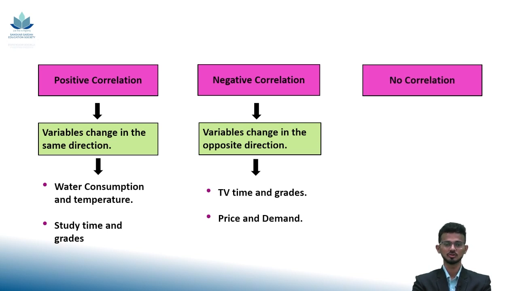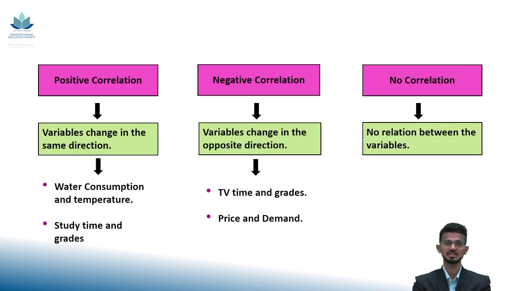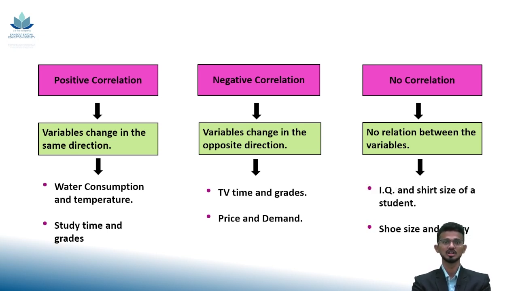Last one, no correlation. If one variable increases, there is no change in the other variable in a particular direction. It means there is no relationship between the variables. For example, IQ and shirt size of a student, also shoe size and salary of a person.